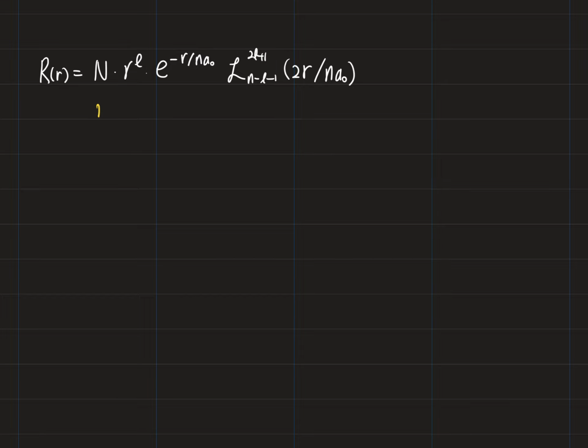So here n and l are quantum numbers introduced while we are trying to solve the partial differential equation. And there are some restrictions on these quantum numbers. So n could be some positive integer number.